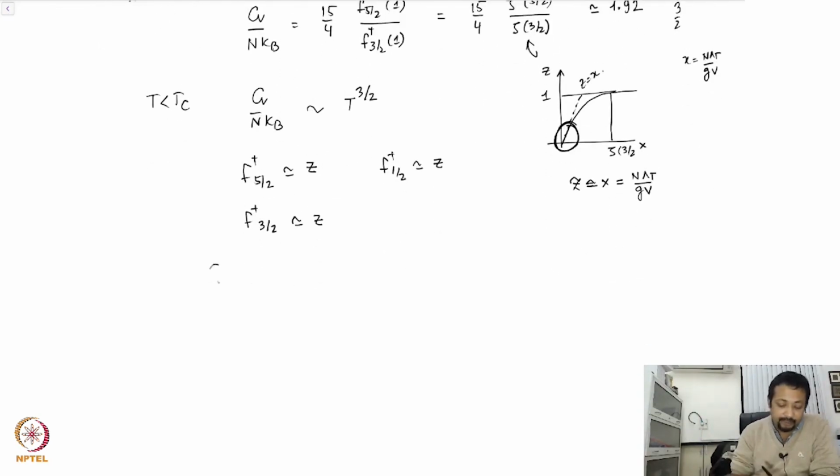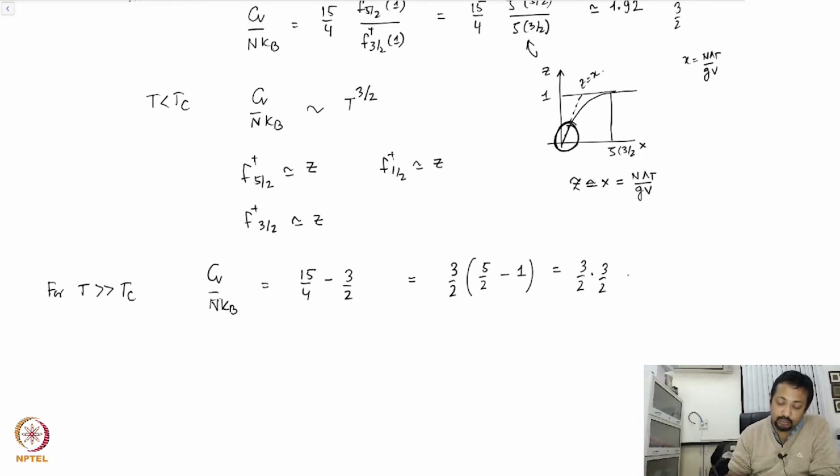So that I have Cv over NkB for temperatures much larger than the critical temperature. I have 15 by 4 minus 3 by 2. If I take 3 by 2 common, I have 5 by 2 minus 1, which is 3 by 2 into 3 by 2, that is 9 by 4. And there is something wrong here.